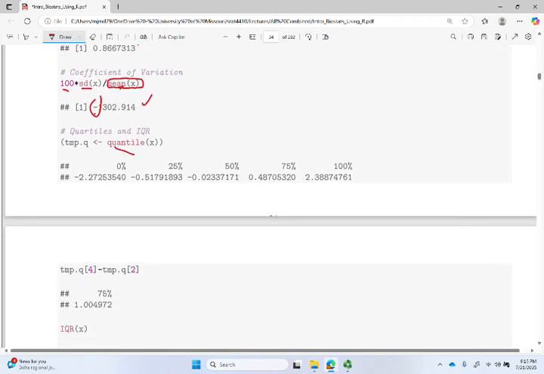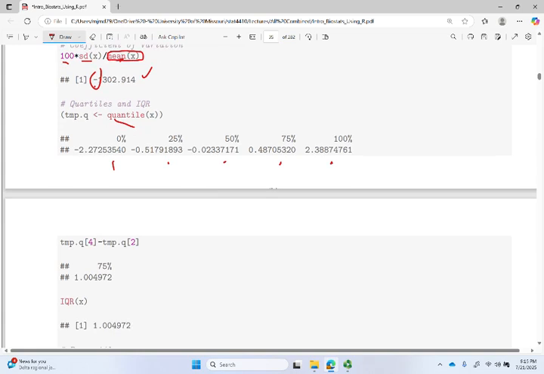Now the quantile function returns the quartiles, so it's the minimum, Q1, Q2, Q3, and the maximum. Notice I'm storing this information in a variable called tempQ, for temp quartiles, and the outside parentheses tell it to print the results.